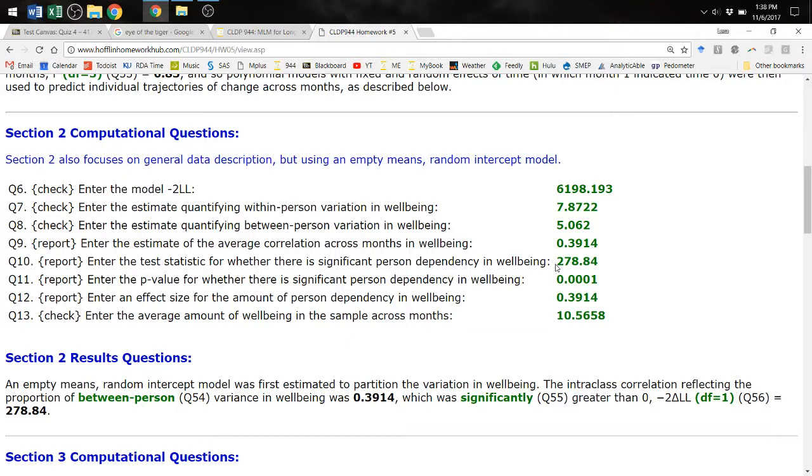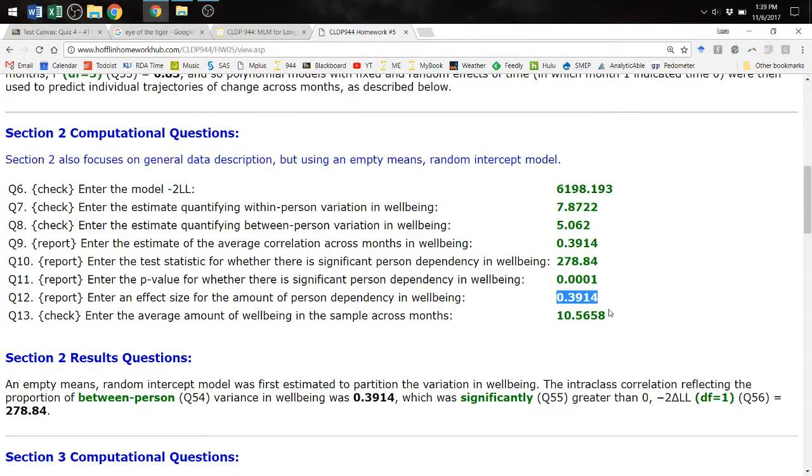The amount of random intercept variance is what's tested against 0, but to express that as an effect size that ranges from 0 to 1, we can then convert that random intercept variance, which is actually a covariance across occasions, to a correlation. So the average correlation across months is the intraclass correlation. That is the effect size for the amount of person dependency due to mean differences over time.